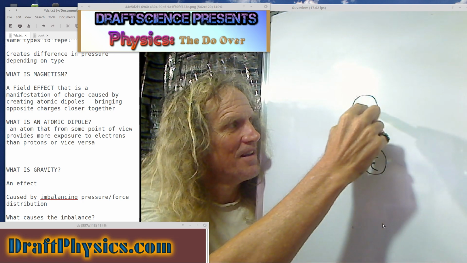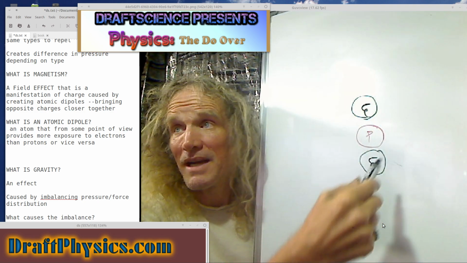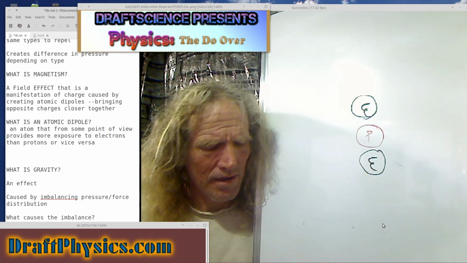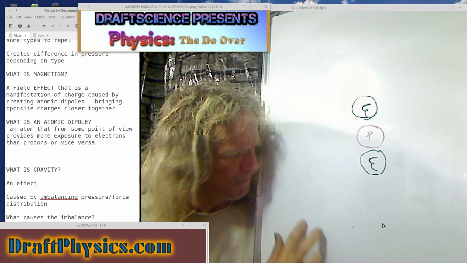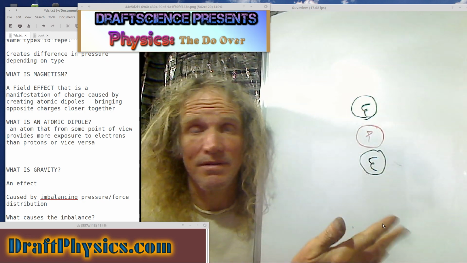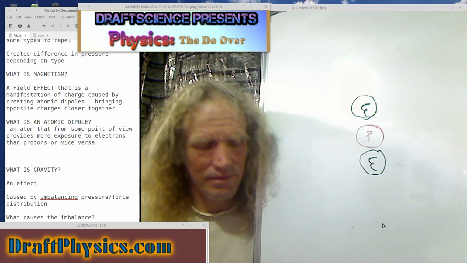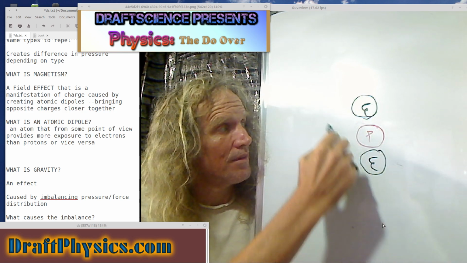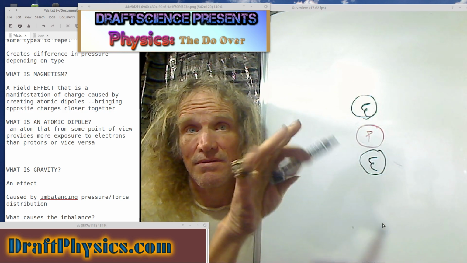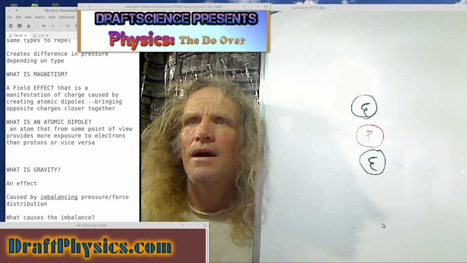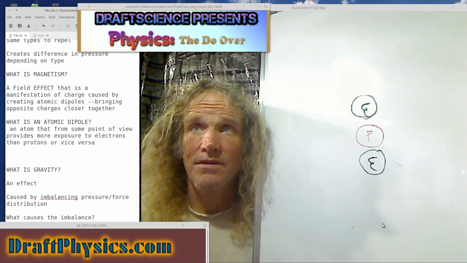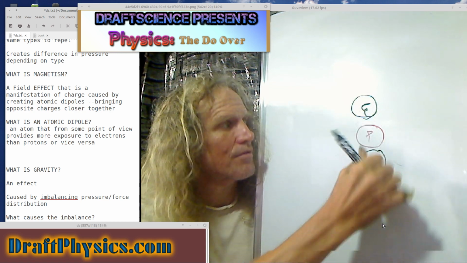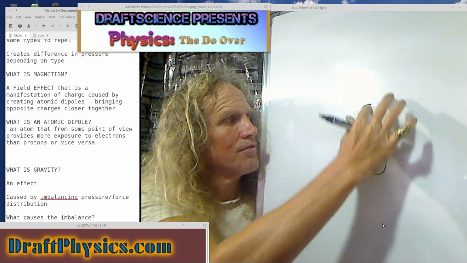So you have a magnet going one way and a magnet going the other opposite way, and the two magnets essentially undo each other by having exactly the opposite effect, and the net effect is no effect, because whatever this does, this is doing the opposite in terms of its up-down relationship. All right, so let's read the definition of field effect. That is a manifestation of charge. So it's a manifestation of protons and electrons existing and having these two different properties.